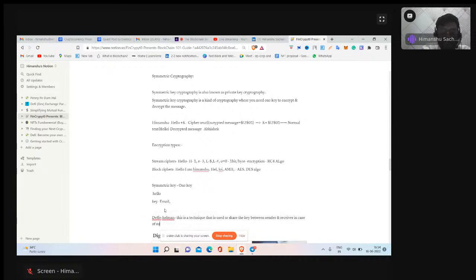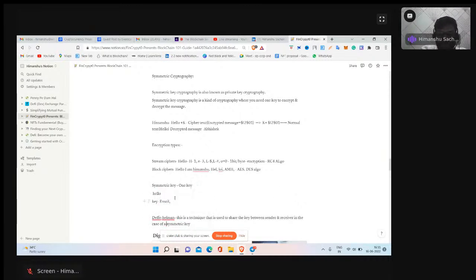Okay, so if you are doing symmetric key cryptography, उसके लिए जो की शेयरिंग के लिए जो टेक्निक यूज की जाती है, उस टेक्निक का नाम होता है Diffie-Hellman. दिस इज अ टेक्निक दैट इज यूज्ड फॉर सेंडिंग एंड रिसीविंग द data between to encoding and decoding the data between the sender and receiver. Okay, so this is all about the symmetric key cryptography.